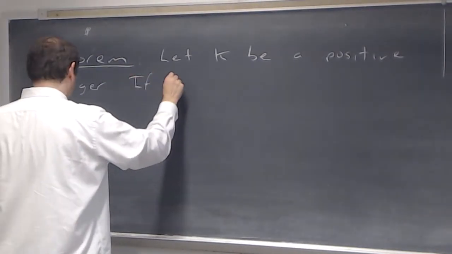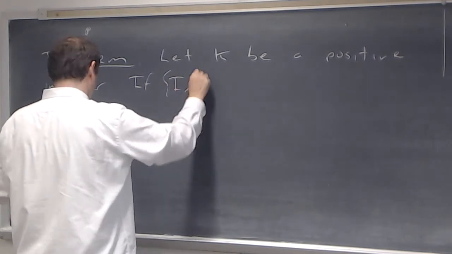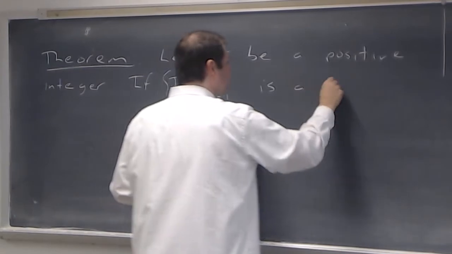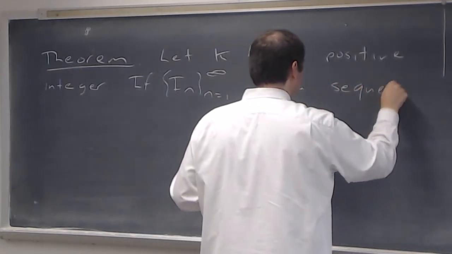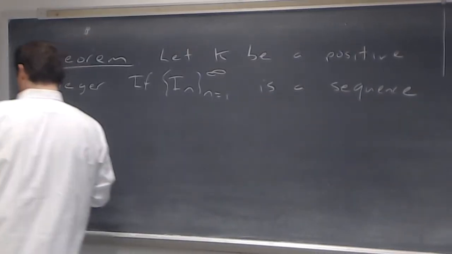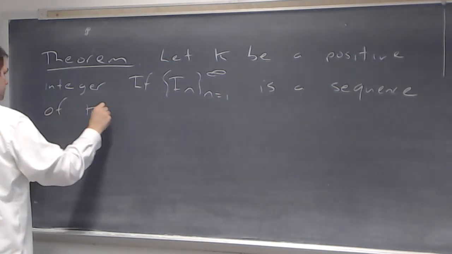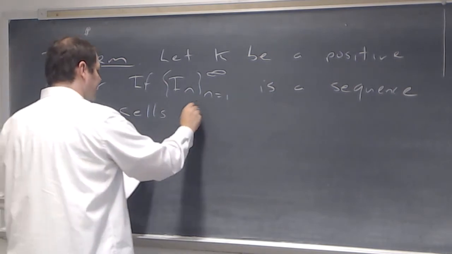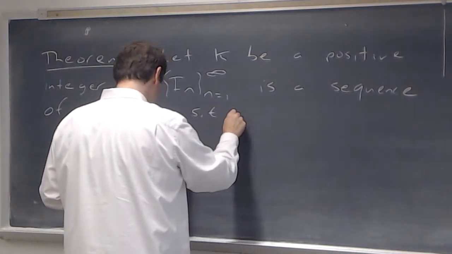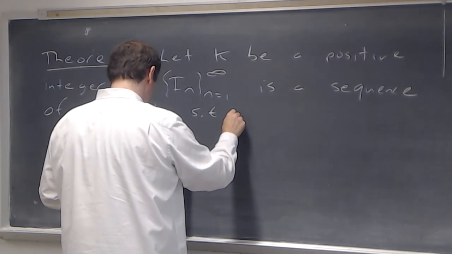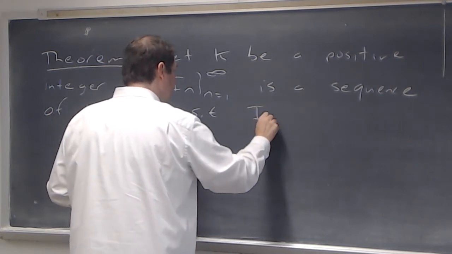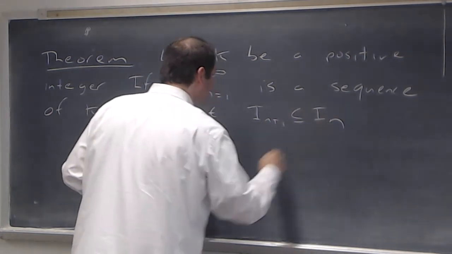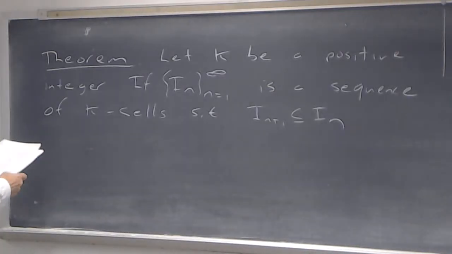If I sub n, n runs from 1 to infinity, is a sequence of k-cells such that I sub n plus 1 is contained in I sub n, we say that they're nested in this sense.